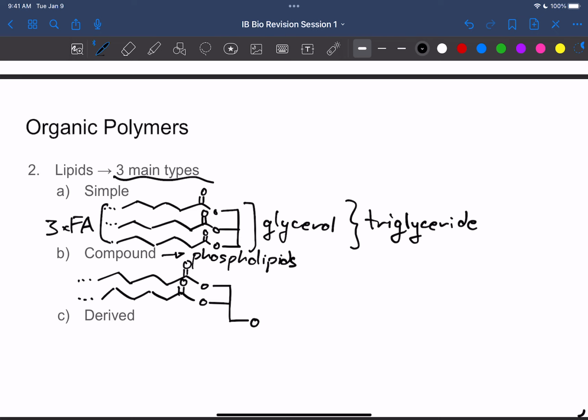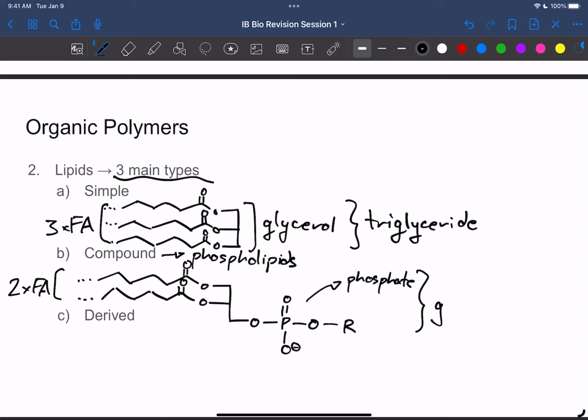The bond can just go the other way. They can rotate around. And this is actually not going to be a fatty acid, but it's going to be a phosphate. And then this can be attached to a variable group. So this would be 2 fatty acids and a phosphate. So another name for these is glycerophospholipids. So compound, they have a phosphate.